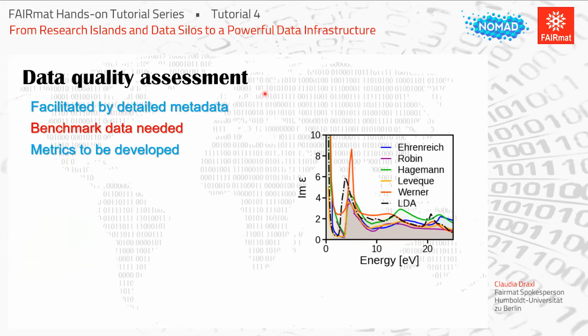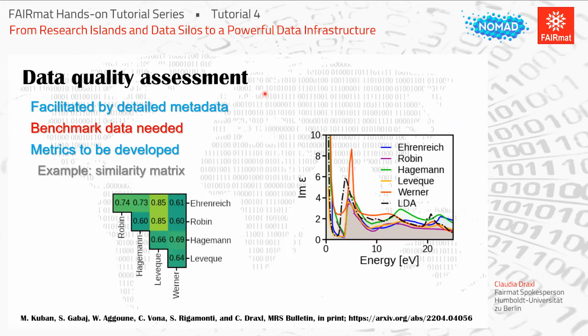Otherwise we don't know how much influence a certain contamination of a sample has, or how much influence the parameters used in the calculation, or the computational technique, will have on the results.